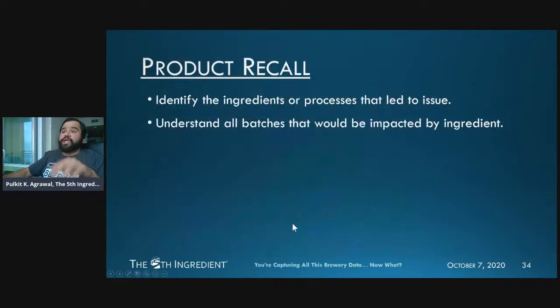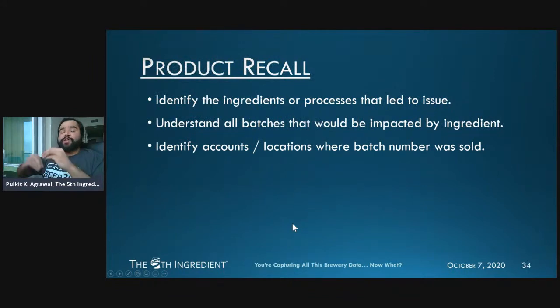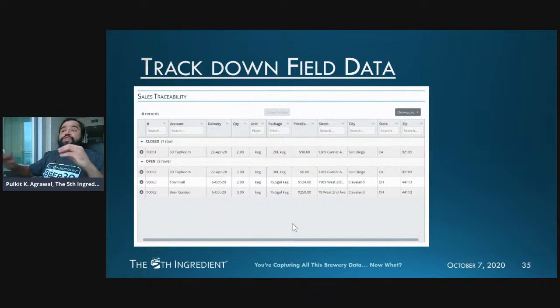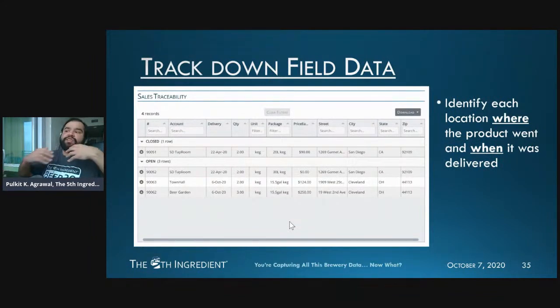From there, you can then take it a step further and identify the accounts and locations where those batch numbers were sold. Now, this becomes great because now you're diving in and tracking down field data. And this is great because now I can pick that brand and batch. And in this case, let's just say use that Moroccan Coconut Stout batch 3.